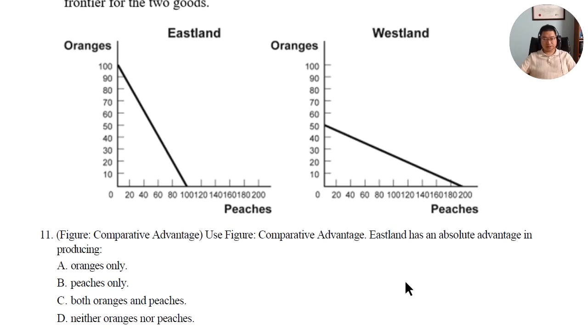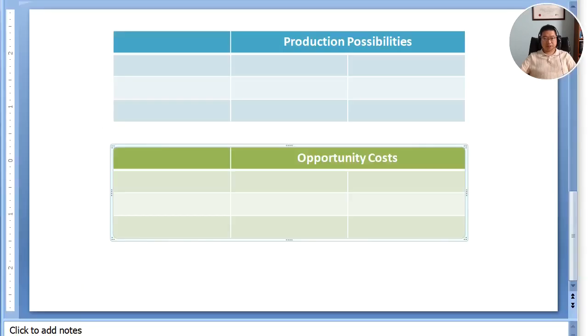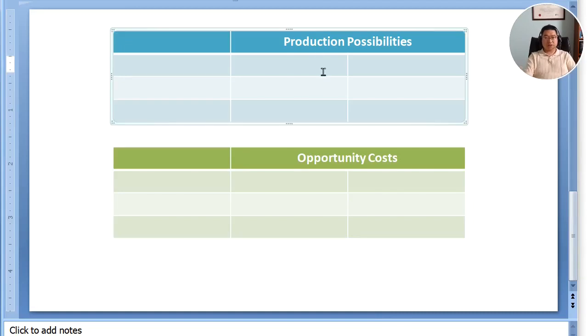So let's go back to here, and I will pull out my table. So we have oranges and peaches. And then we have Eastland and Westland. Now, I will start with the production possibility.